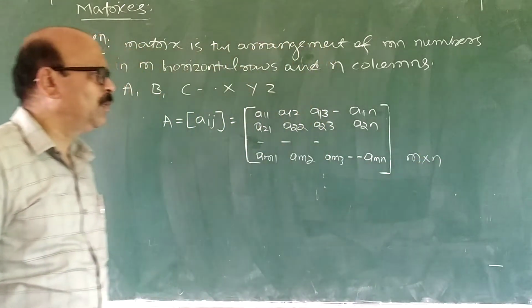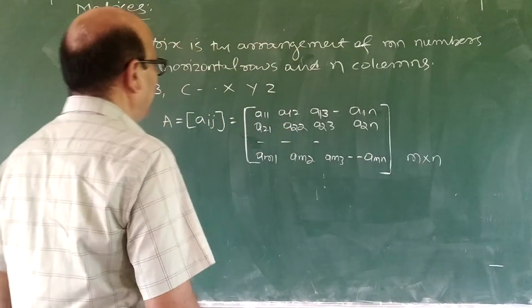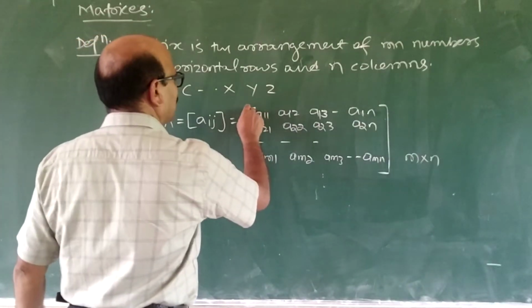We read this as m by n, meaning m rows, n columns, and this is an m by n matrix.